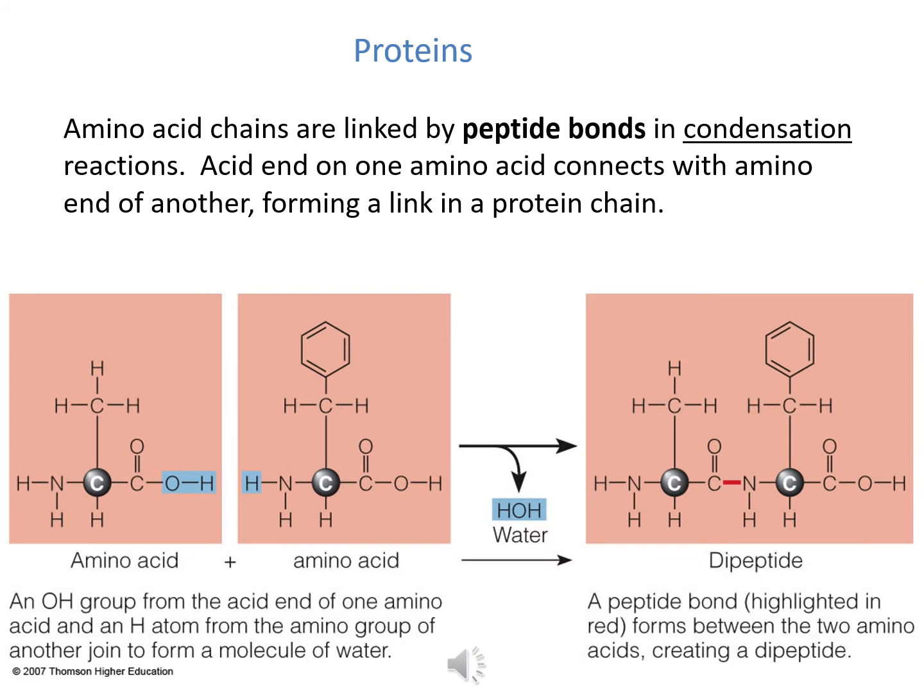Amino acids are linked in a variety of sequences to form multiple different proteins. The acid end of one amino acid connects with an amino end of another, forming what's known as a peptide bond. This occurs through a condensation reaction, which is the same type of reaction that we looked at when glucose units bound together to form disaccharides or polysaccharides.